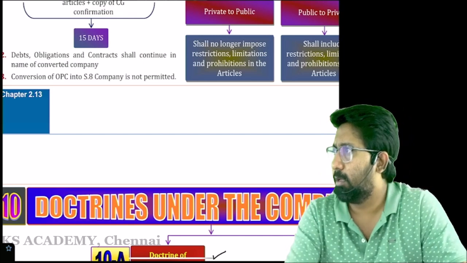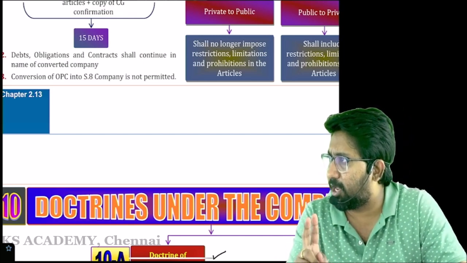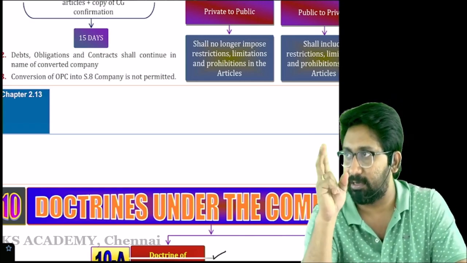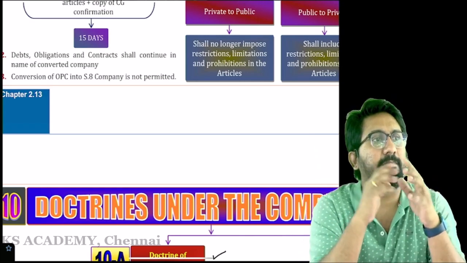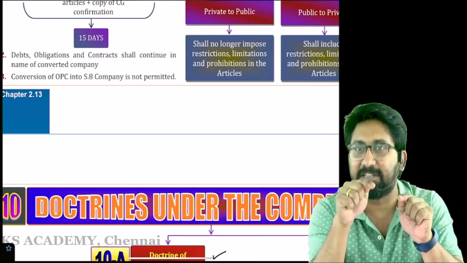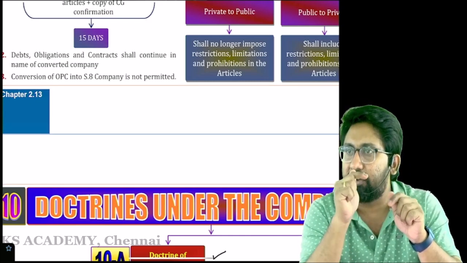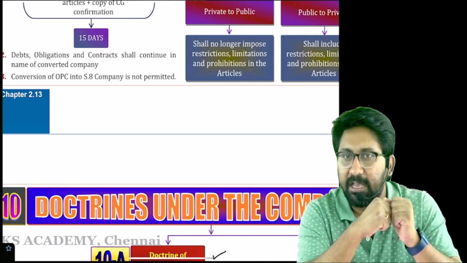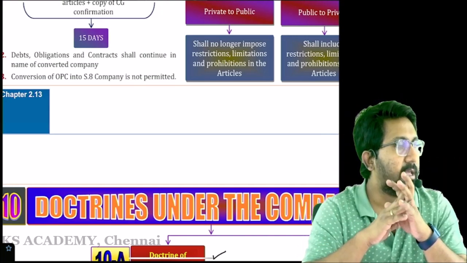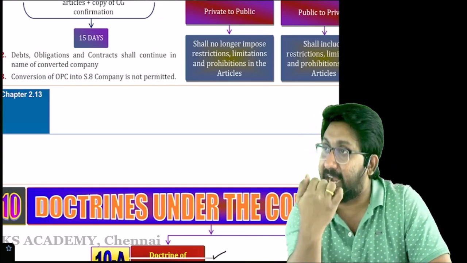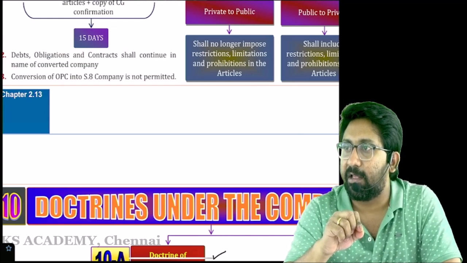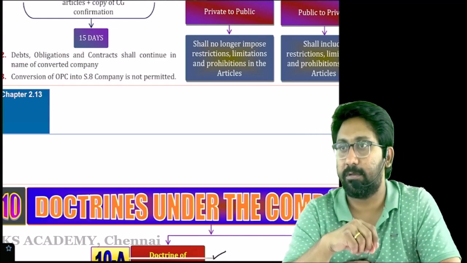Point number 2. Registered MOA, registered AOA, registration gives them public status. One point over. Second, whenever something is a public document, there is an advantage, and a great grave disadvantage is also there. The advantage of having a public document is, it is freely accessible to anyone. You need not restrict the access. But from the reader's point of view, it is a difficult task because public documents are not individually notified when they are issued.